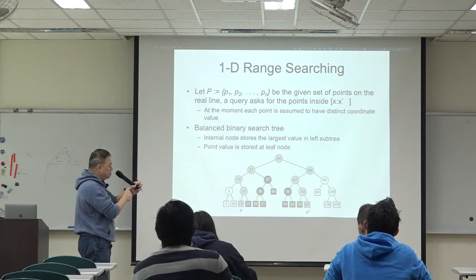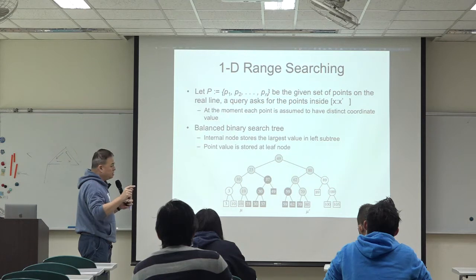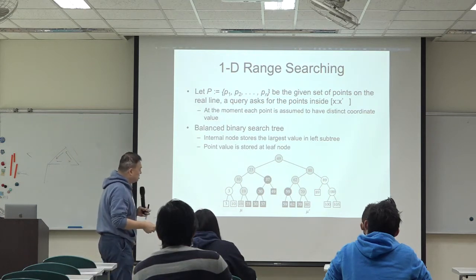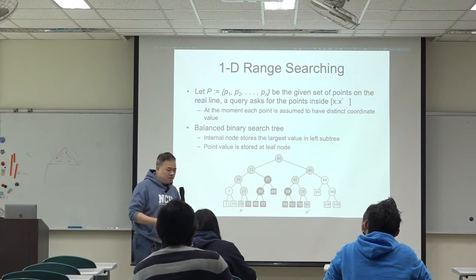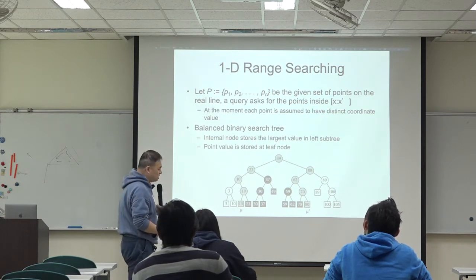For example, if a node's index is i, its left child will be 2i and its right child will be 2i plus 1. So it is very easy to represent this binary search tree in an array.